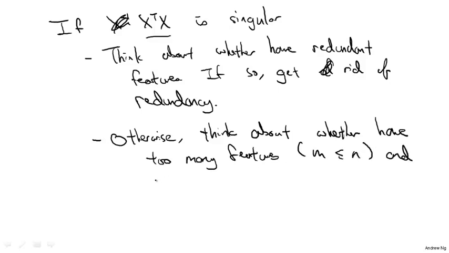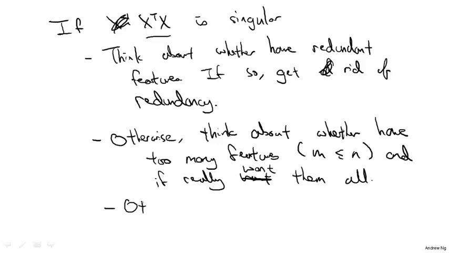And if you really don't need all these features, maybe you can get rid of some features and make X transpose X non-singular as well. And finally, if you do want so many features, then try using regularization, which we haven't talked about, but we'll do so later, and that will also help get rid of this non-invertibility problem.